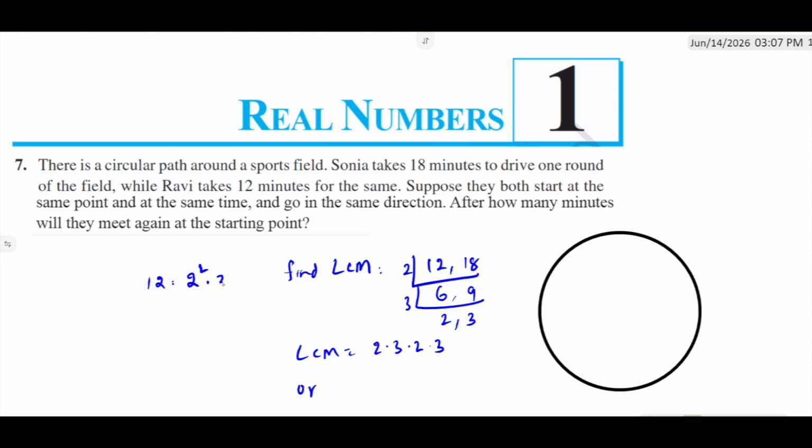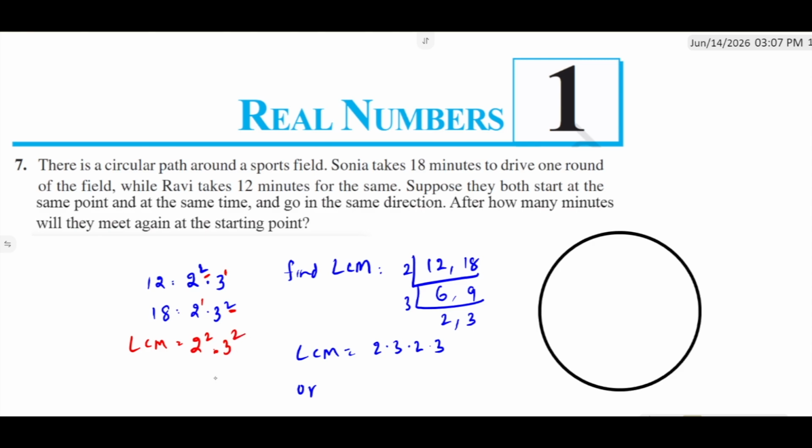Okay, our regular method: 12 we can write in prime factors as 2 square times 3, and 18 as 2 times 3 square. To find the LCM, we take the highest power of the common factors. Common factors are 2 and 3. The highest powers for these are 2. So 2 square times 3 square.